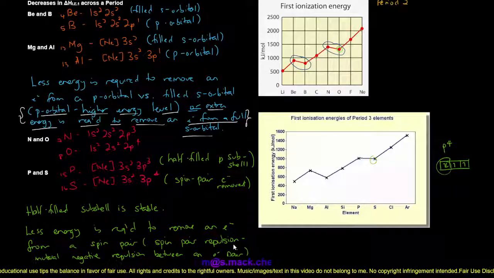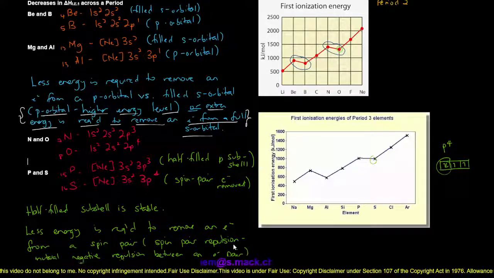So therefore, it's going to take less energy to pull away 2 electrons which are both negatively charged, and this is because of their mutual negative repulsion. So it takes less energy to remove an electron from a spin pair due to spin pair repulsion, versus removing an electron from a half-filled subshell, which is already stable.